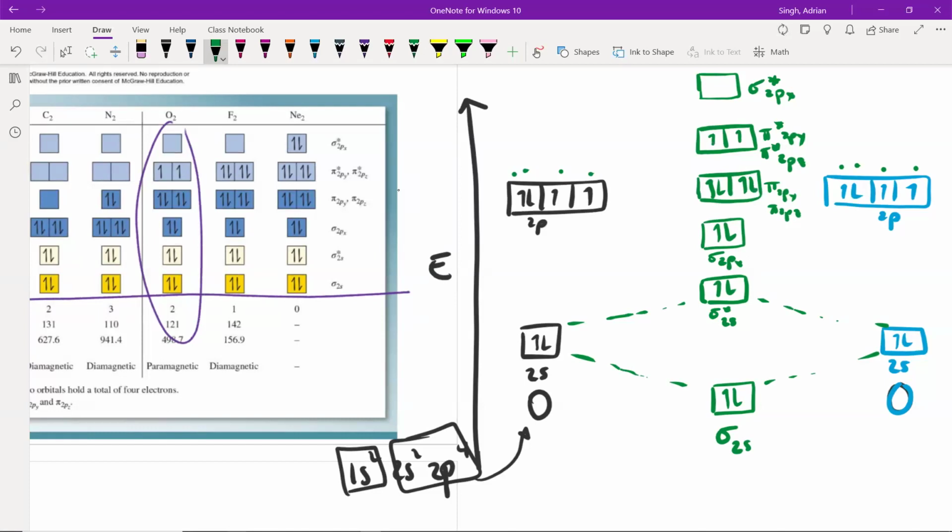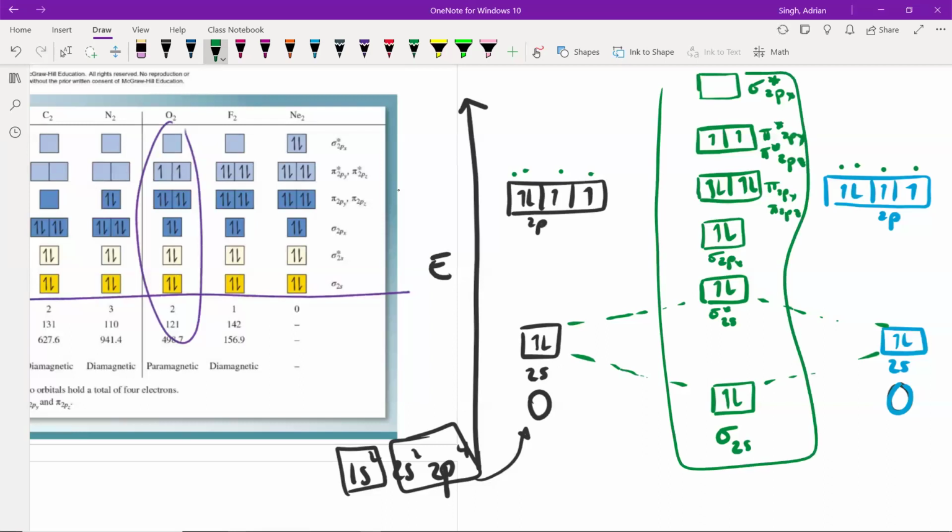Remember Hund's rule, right? So those are all of the electrons accounted for in this O2 molecule. In the middle here in green, these are my molecular orbitals that result from the combination of the atomic orbitals on the side.